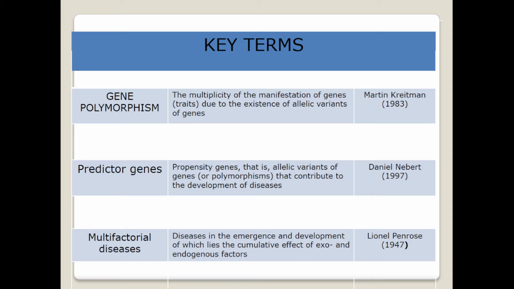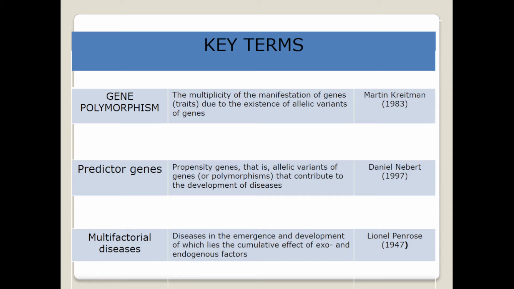Key terms. Gene polymorphism. This term was given by Martin Kreitman in 1983. It is the multiplicity of the manifestation of genes due to the existence of allelic variants of genes. Predictor genes.